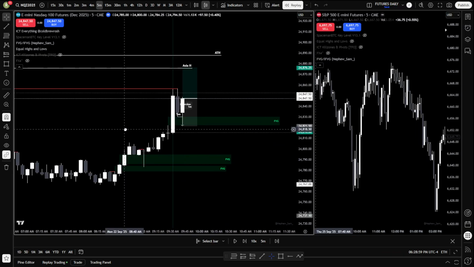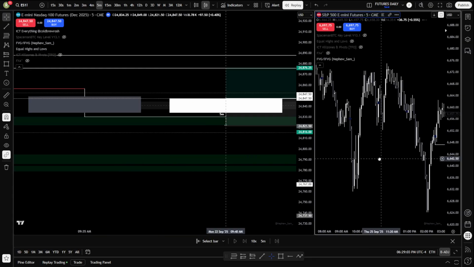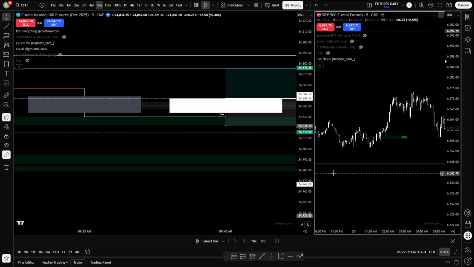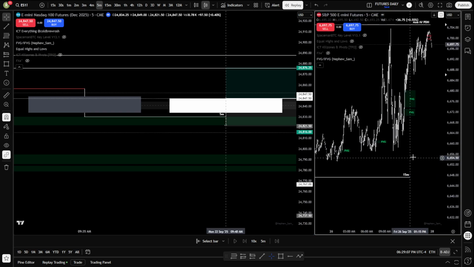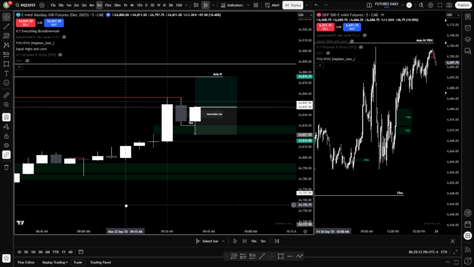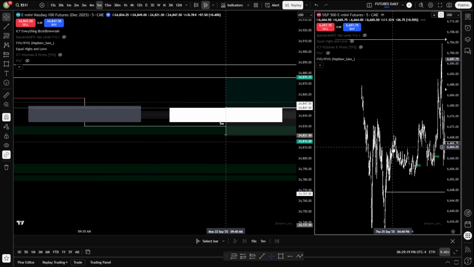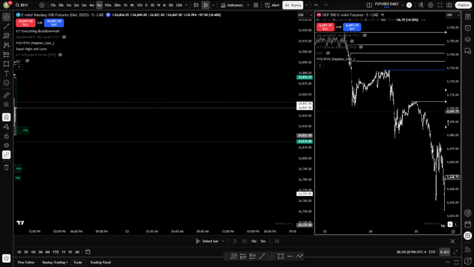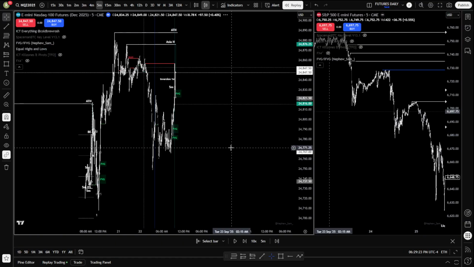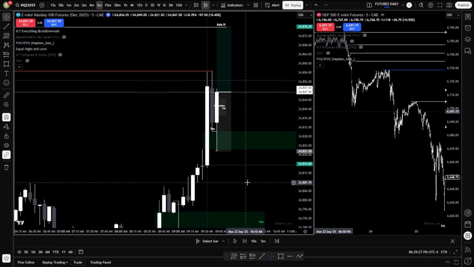Okay, so this is also at New York Open. I want to see Monday. Where is Monday? All right, whatever. So we're just going to look at the NASDAQ chart then.